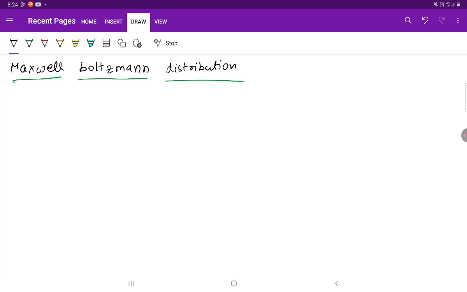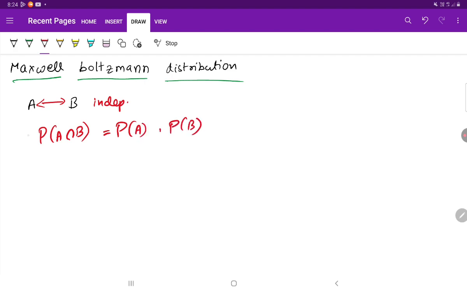Before that, you need to know some important concepts about probability. Suppose A is an event, another event is B, and these two are independent events. Then the probability that A and B both occur is given as probability of A into probability of B. This is the first concept you need to know about.